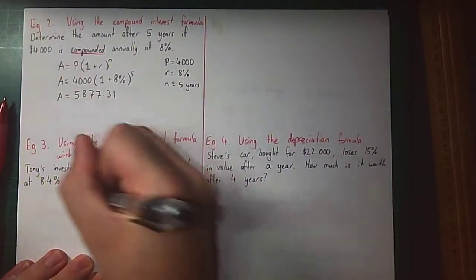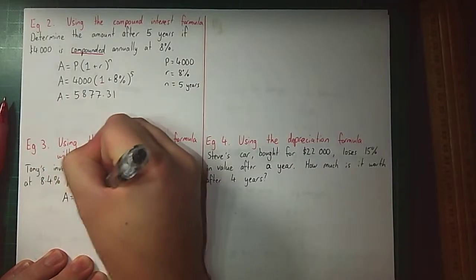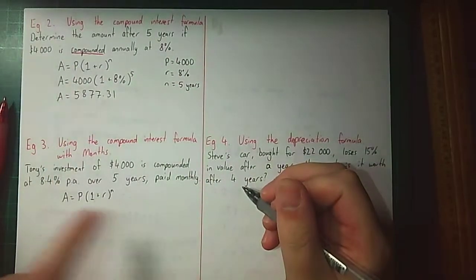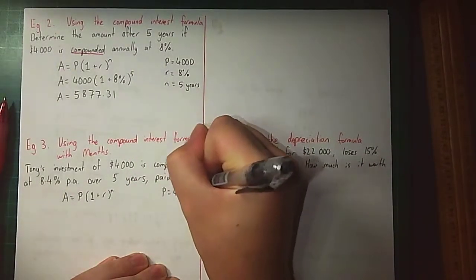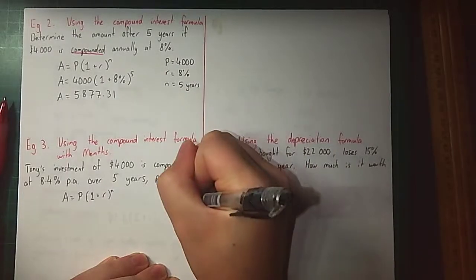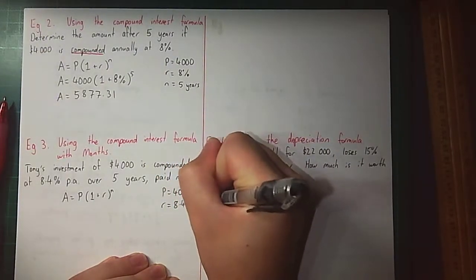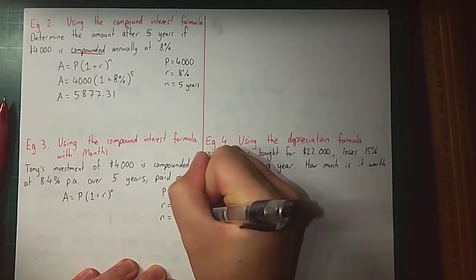So, first of all, I'm going to rewrite the formula just to remind ourselves what it is. And I'm going to write down what we know. So, we know the P is 4,000. We know that the R is 8.4% per annum. We know that the N is 5 years.